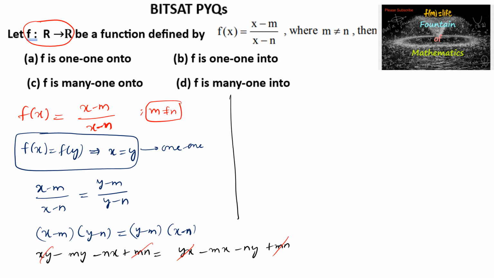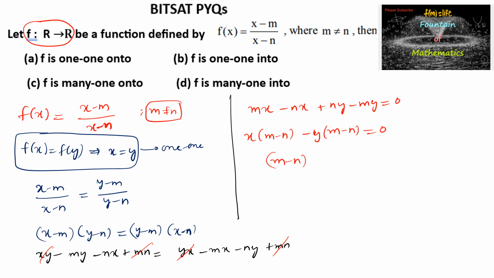So we can write mx minus nx plus ny minus my is equal to 0, or taking x common, m minus n, and taking minus y common, m minus n again, is equal to 0.